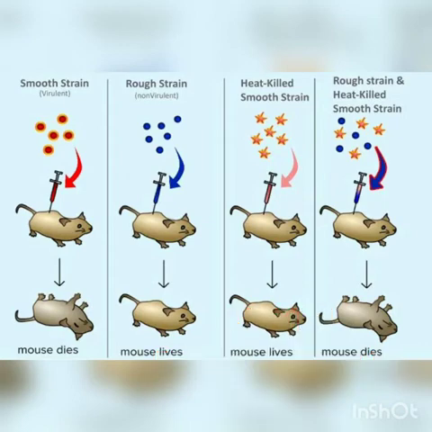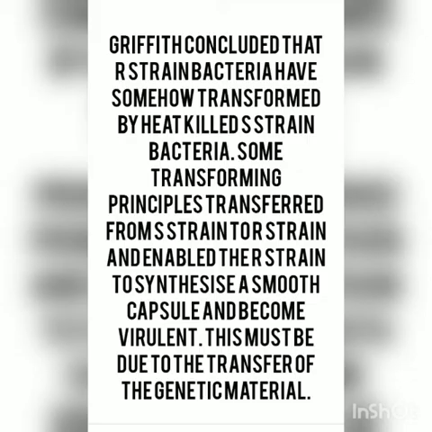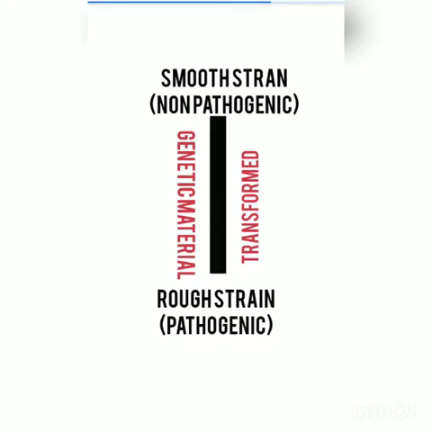Griffith, after performing the experiment, concluded that this happened because the non-virulent R strain bacteria have somehow been transformed or changed into the virulent S strain.